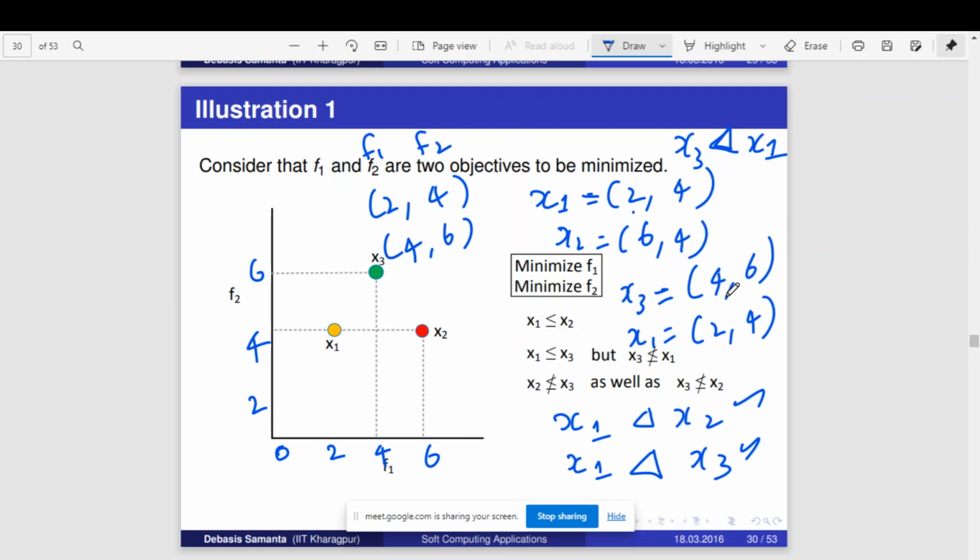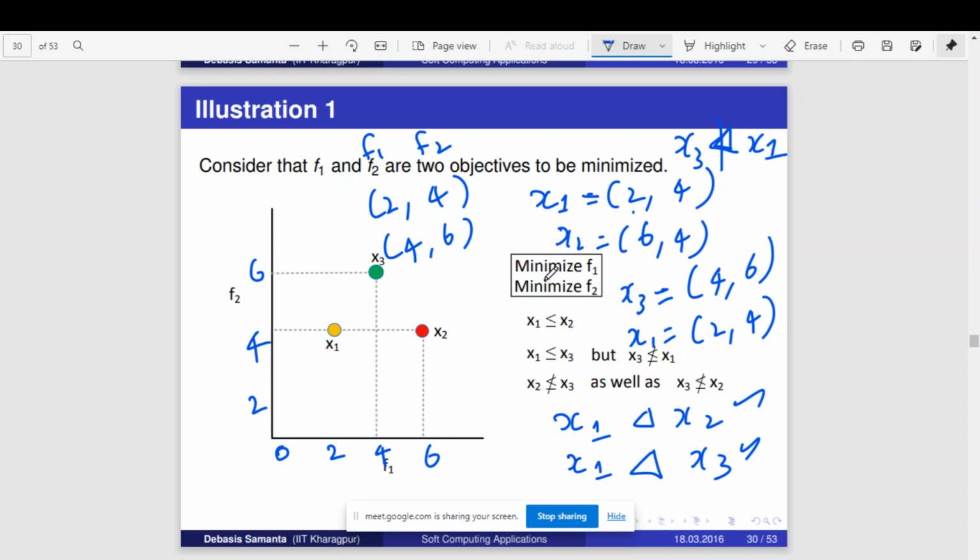What is condition 1? x i should be no worse than x j. Okay. Both the conditions were not satisfied, right? Condition 1 is not satisfied, condition 2 is also not. So in this case you cannot say that x3 is better than x1. That is wrong. x3 is not better than x1. Okay.